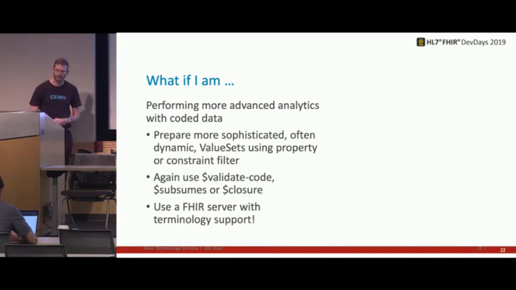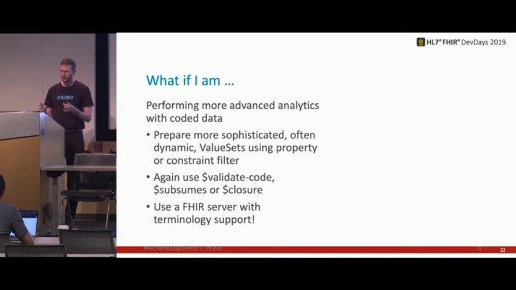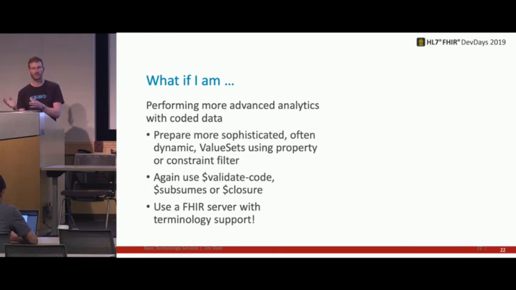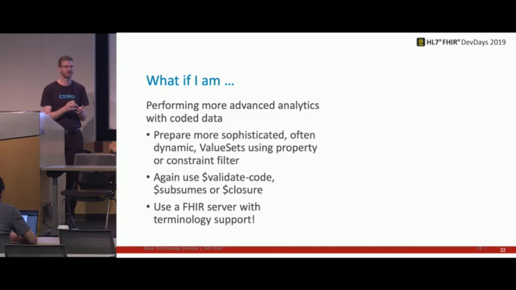Okay, if you're doing more sophisticated analytics, then there are a bunch of ways that you can do this. So this is if you're doing things like preparing dashboards and running reports on the coded data that you're seeing flowing through your system. What you're probably going to want to do is categorize your data as one of the first things you do.